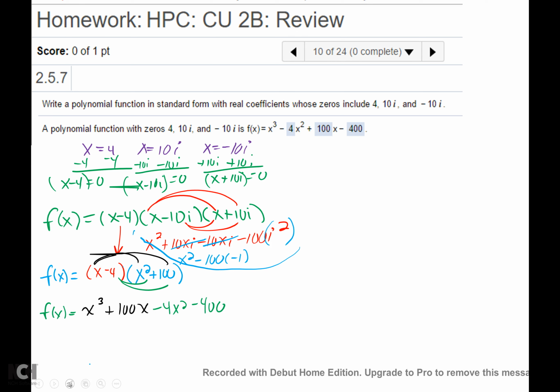I check for like terms. There aren't any, but to write this, I need to put it in proper form, highest degree to lowest. So my function is f of x equals x cubed minus 4x squared plus 100x minus 400. And there you go.